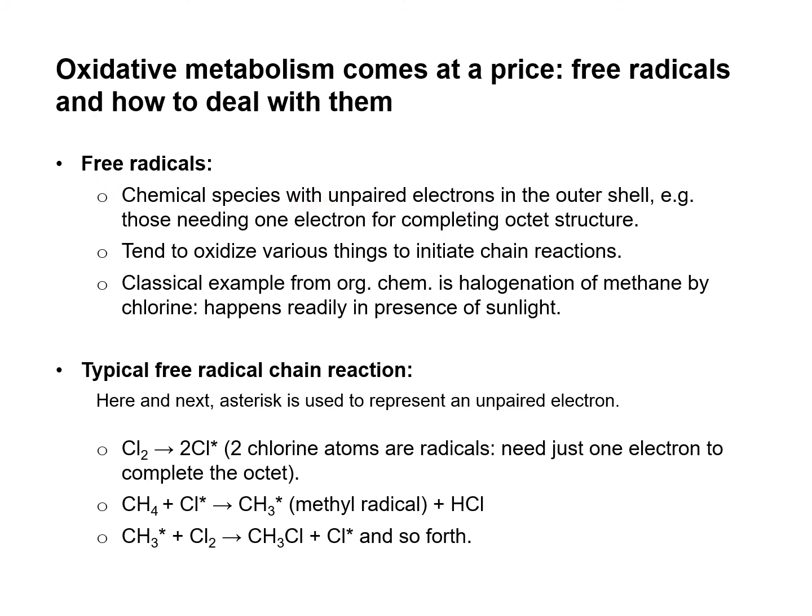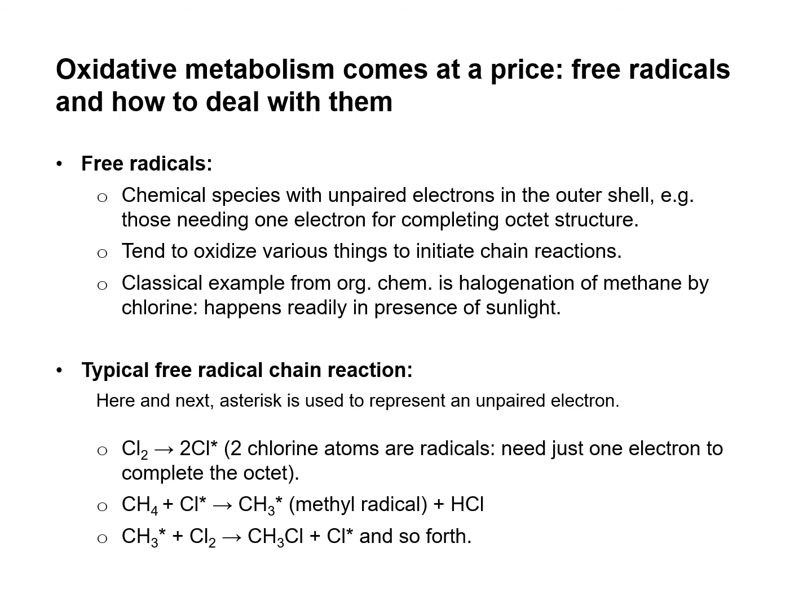That means they have a tendency to take one electron from other molecules around them to complete their octet structure. Since they have the tendency to take up an electron from other species, they tend to oxidize various things to initiate chain reactions.